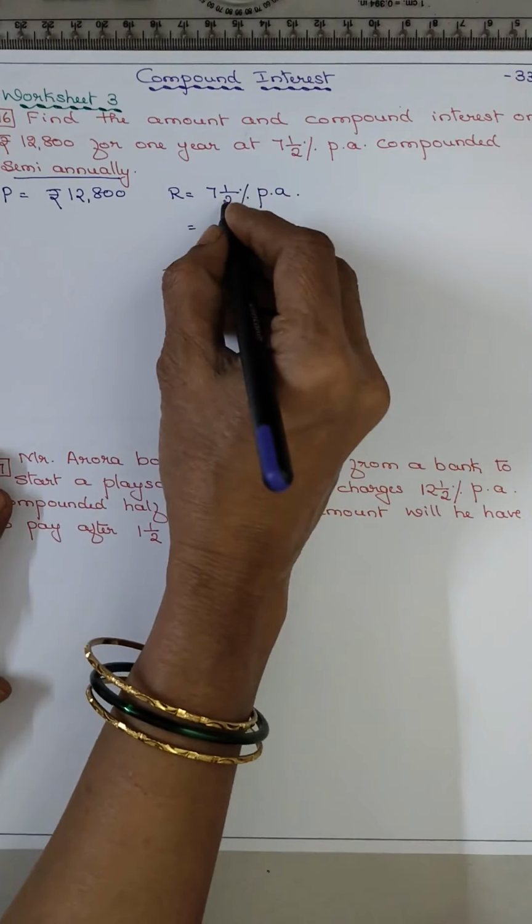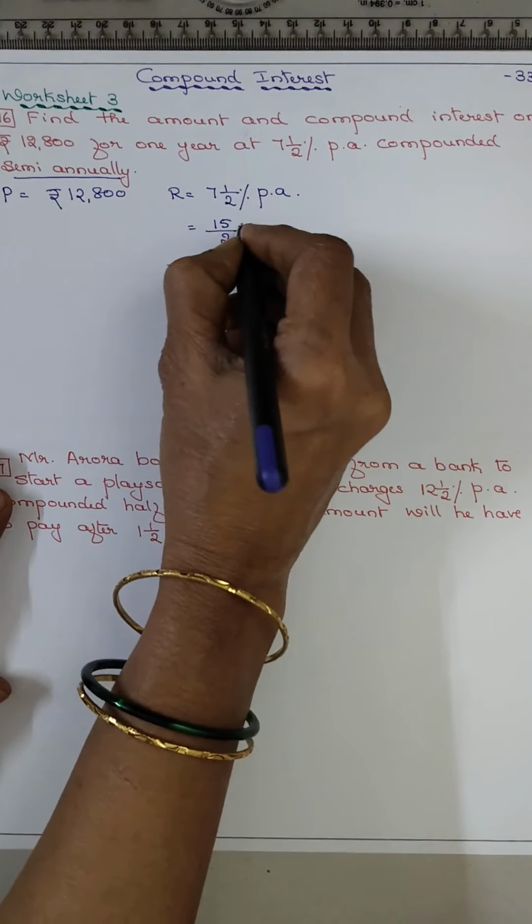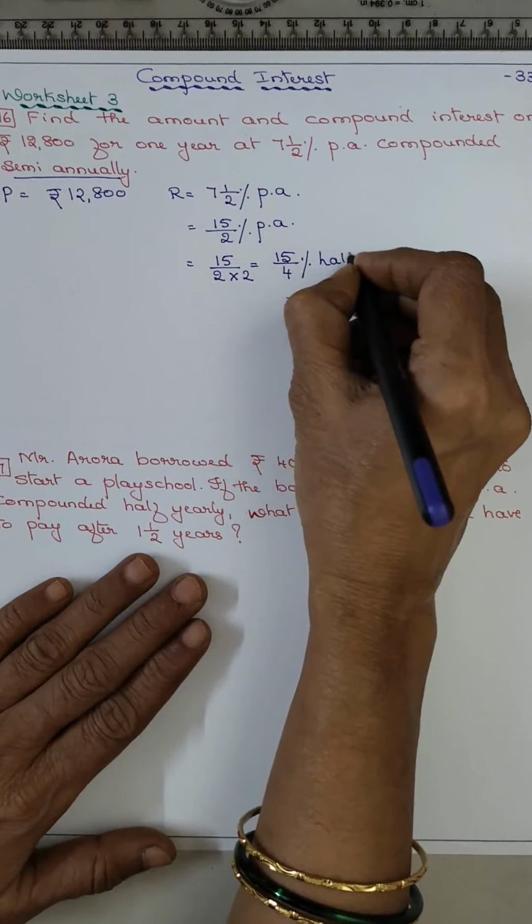So first convert: 7 2s are 14 plus 1, 15 upon 2% per annum, but semi-annually, so 15 by 2. In the denominator you have to multiply by 2, isn't it? Halve it, so it will be 15 by 4% half yearly.